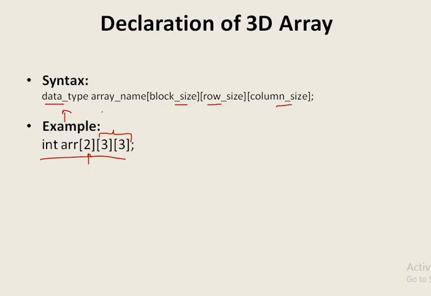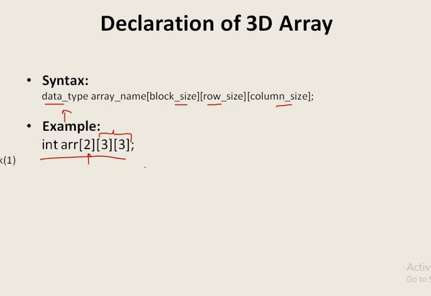So here you can say that it is an array of two-dimensional arrays. That means there are two blocks in this array, and each of these blocks will have a 3 by 3 matrix. There will be two 3 by 3 matrices in this array. That is what it means.